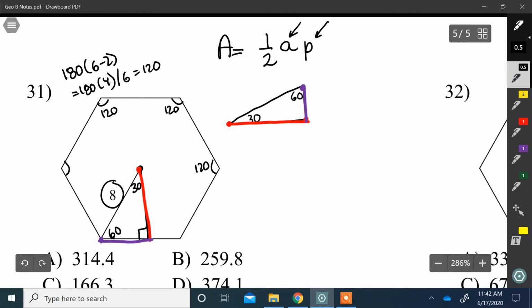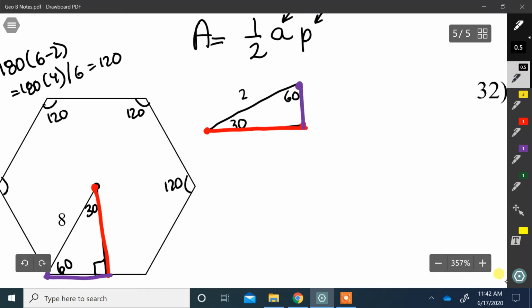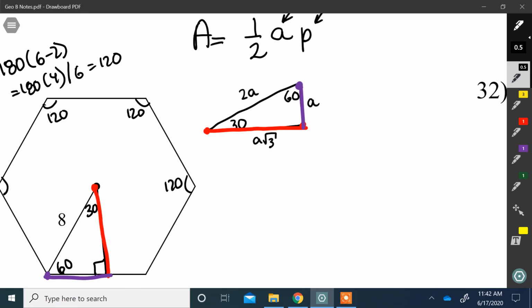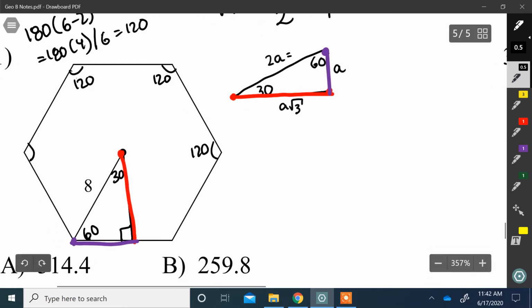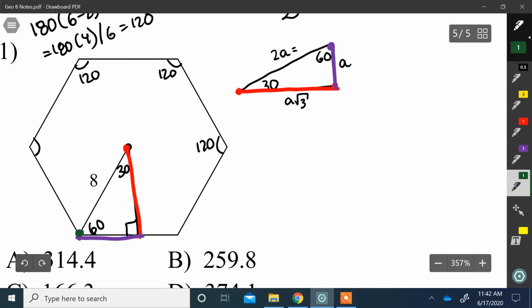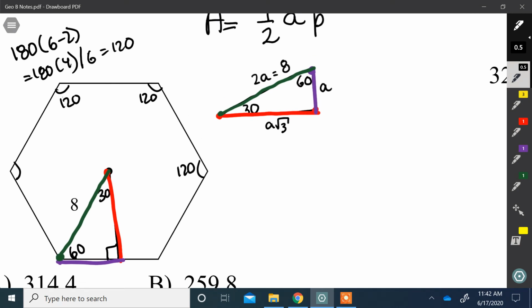Okay, so they're saying that, remember, special right triangle, if this is 2a, then this is a, and this is a square root of 3. So they're saying that this side right here, let's do that with green, is 8. So if 2a is equal to 8, that means that a is equal to 4.